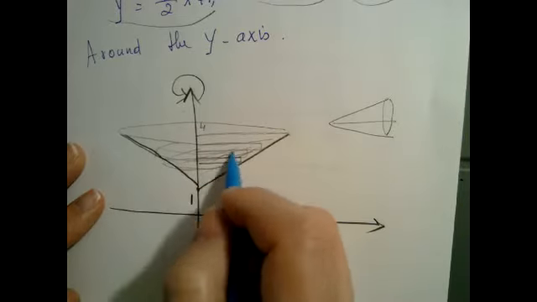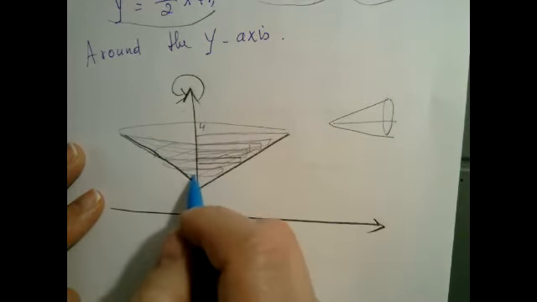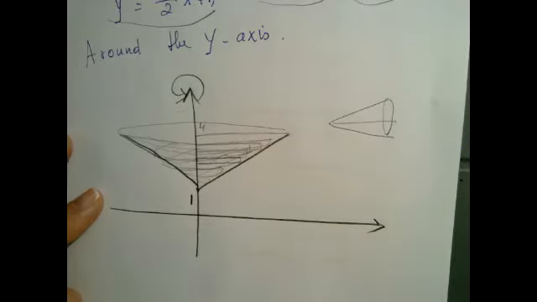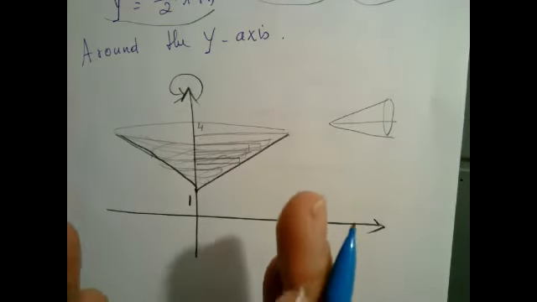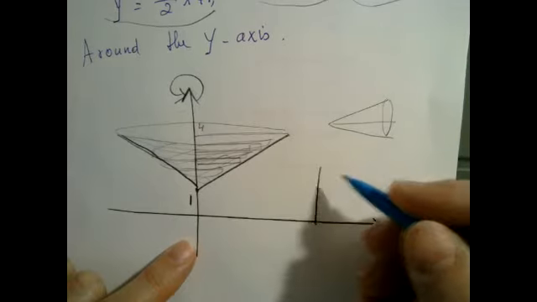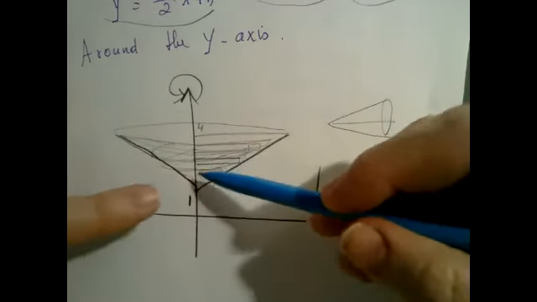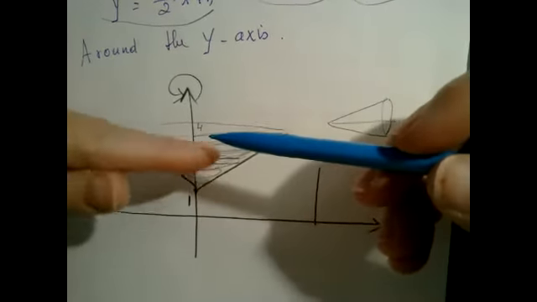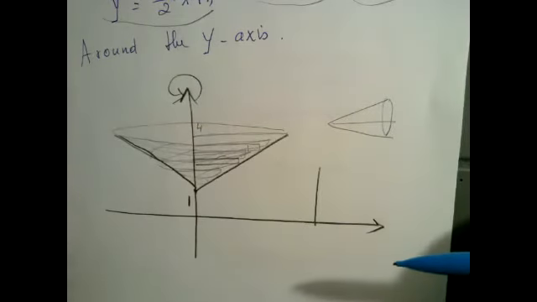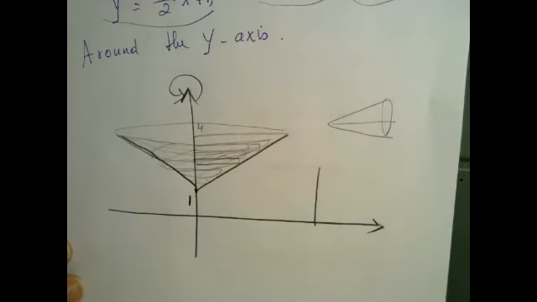So I'm going to cover the inside with a bunch of disks, find their volume, and then add the volumes of the disks. That's going to be the strategy. So the same thing, but instead of taking vertical rectangles and rotating each one of them, I'm going to fill up this solid with disks, but these are horizontal disks instead of vertical. That's the strategy. Okay, questions?